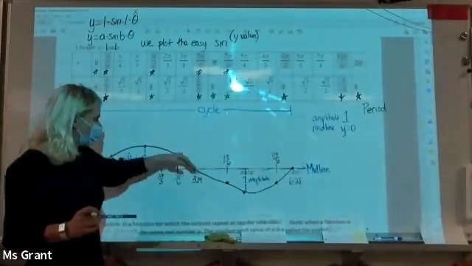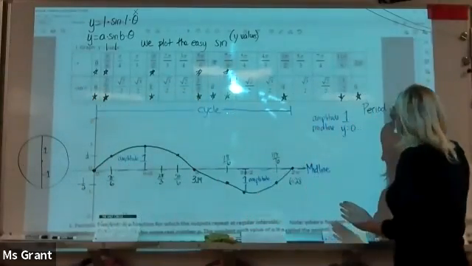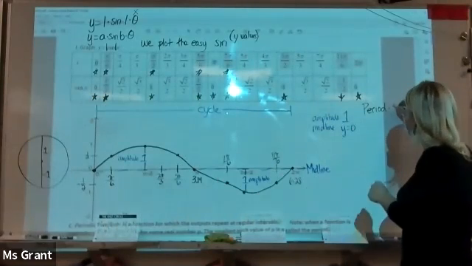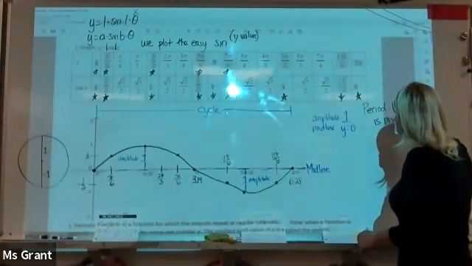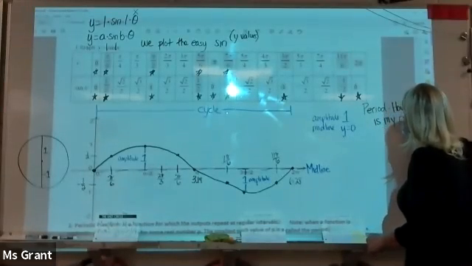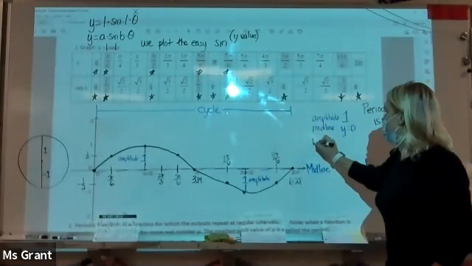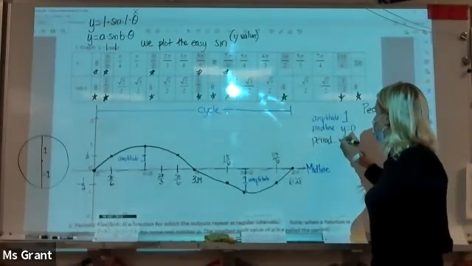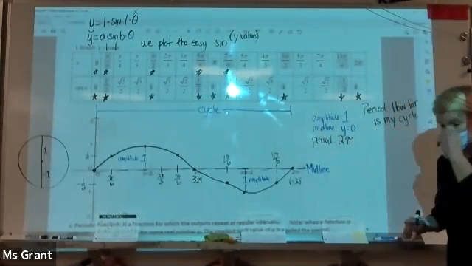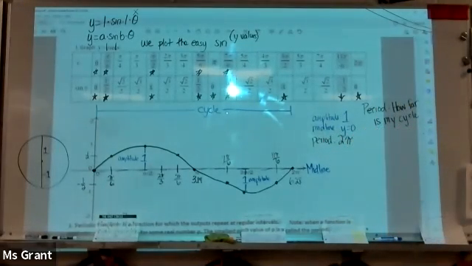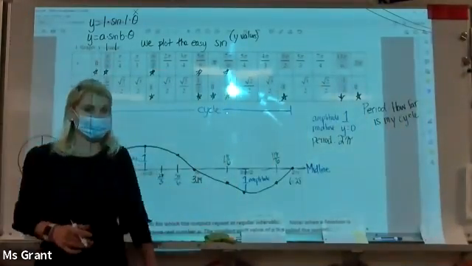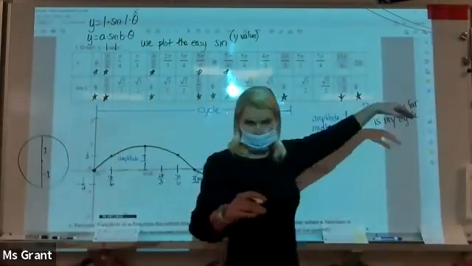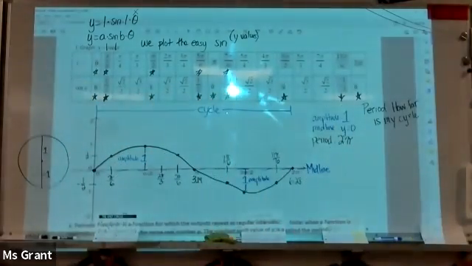It starts at 0, goes to 2 pi. So my period is how far my cycle goes. My period is 2 pi, because from start to end, before it starts repeating, because this line goes on forever and ever, a wavy line.